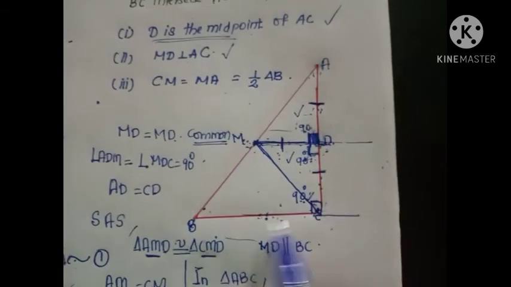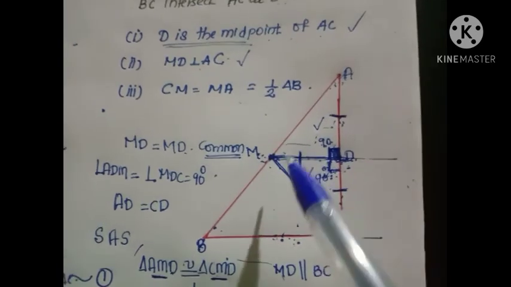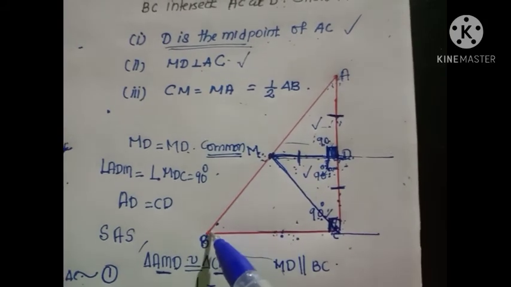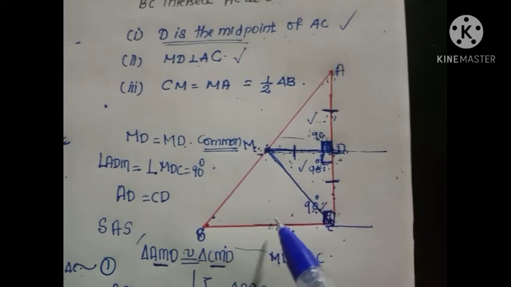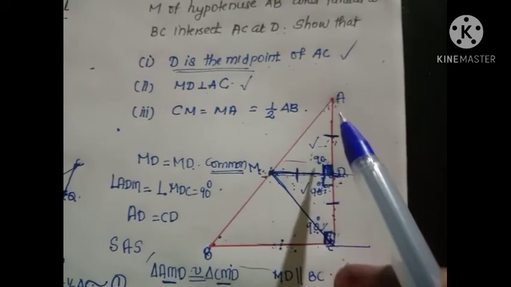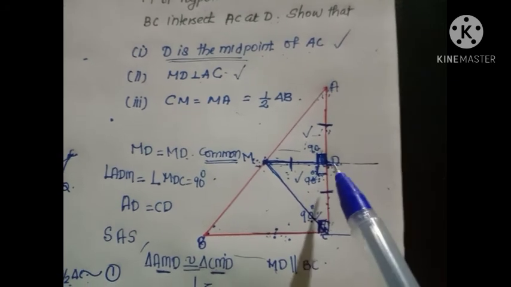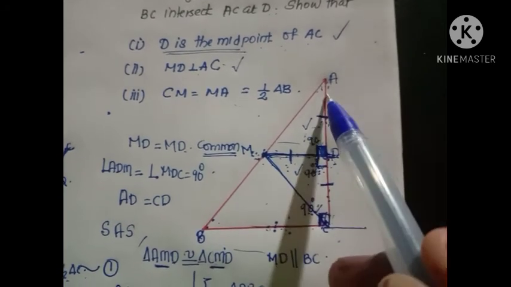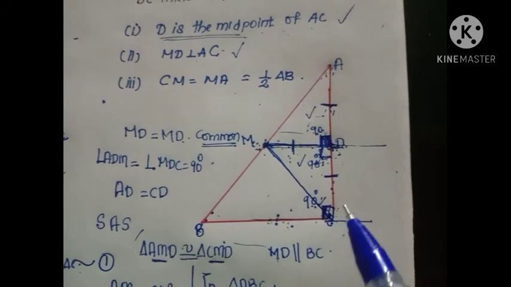Okay. ABC is a triangle, right angle at C. That is given. M is midpoint of the hypotenuse AB. And the line through M parallel to BC intersect AC at a point D. First we prove this point D is midpoint of AC by converse of midpoint theorem.